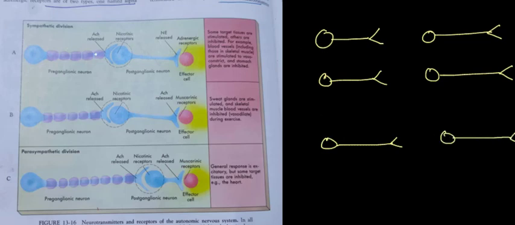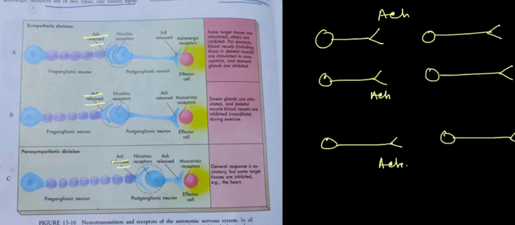In the sympathetic division, the preganglionic neuron releases acetylcholine. In the sympathetic division all the preganglionic neurons release acetylcholine, and in the parasympathetic division also the preganglionic neuron releases acetylcholine. So all of the preganglionic neurons in the autonomic nervous system release acetylcholine as the neurotransmitter.